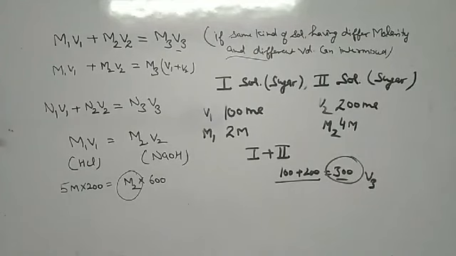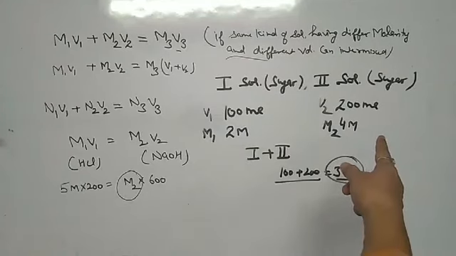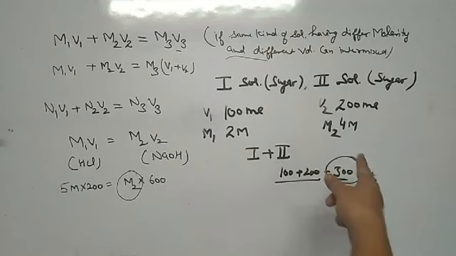Now the molarity of the solution also changes, because the 100 ml of solution contains 2 moles of the solute sugar, and that 200 ml of the sugar solution contains 4 moles.